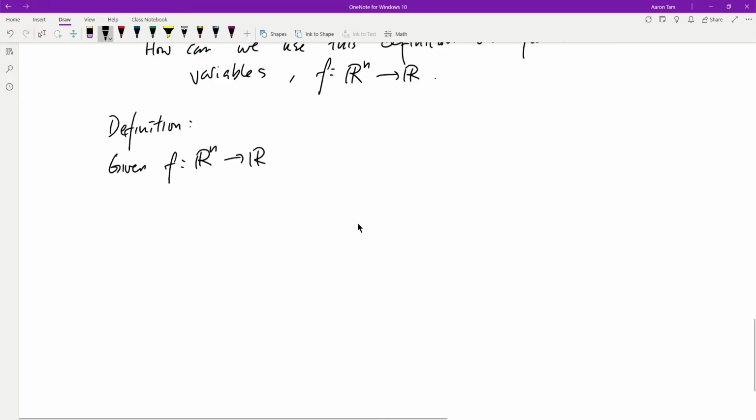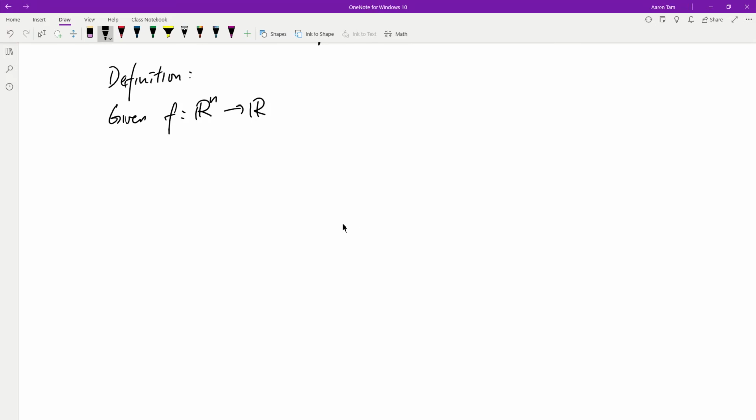So we're going to say f is differentiable at x sub 0. But now remember, because our function f here is from Rn to R, its domain, or its input, actually has to be a vector.